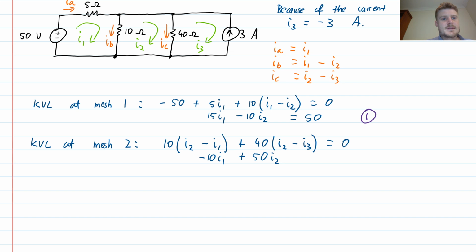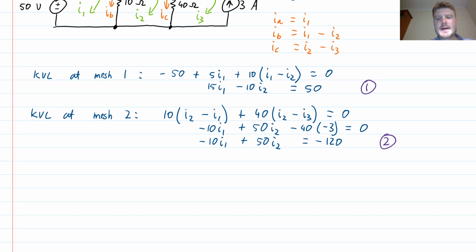So I can substitute in minus 40 times minus 3 for I3, and all of that is equal to 0. Simplifying a little bit more, minus 10 I1 plus 50 I2 is equal to a positive 120, but I bring it over to the other side and it becomes negative 120. And that will be my second equation.